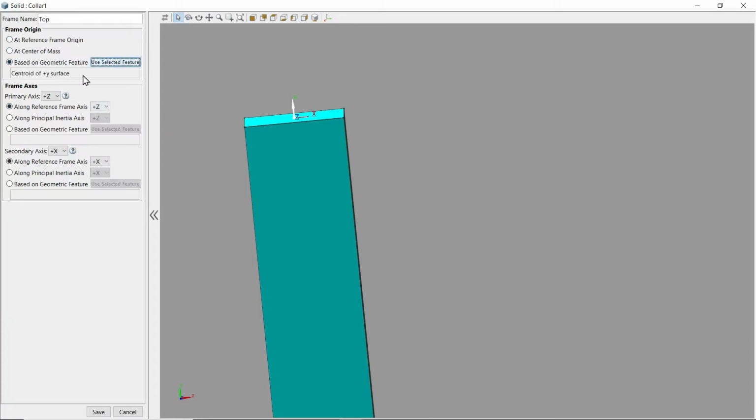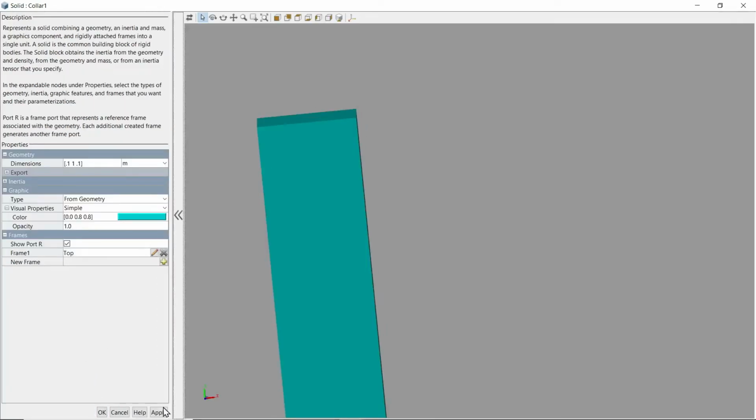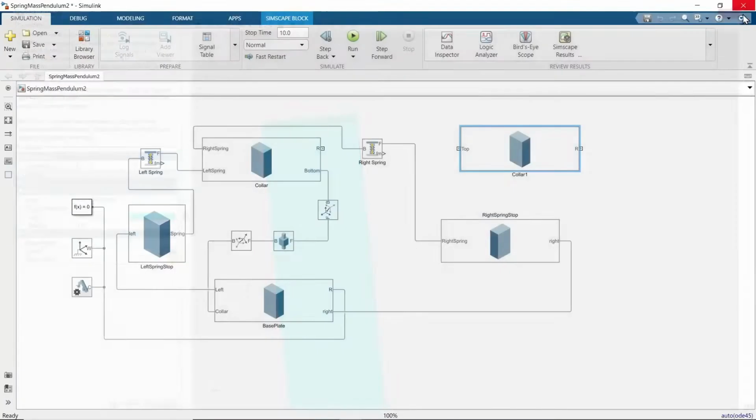Use selected feature and save. Apply, F5. And there it is, the top. Close this. And here's our collar. Well, this is our pendulum. Let's rename it. Pendulum.